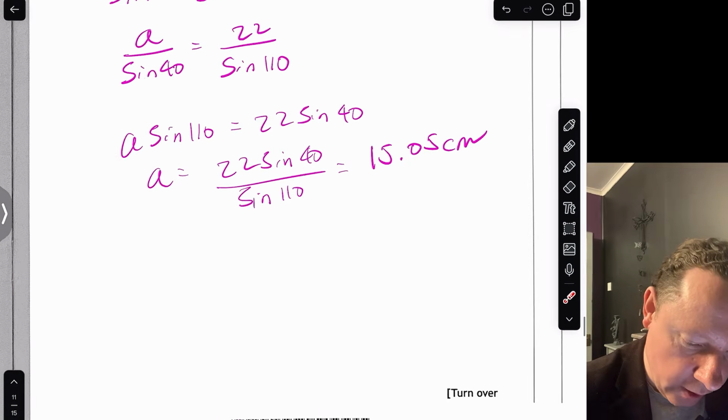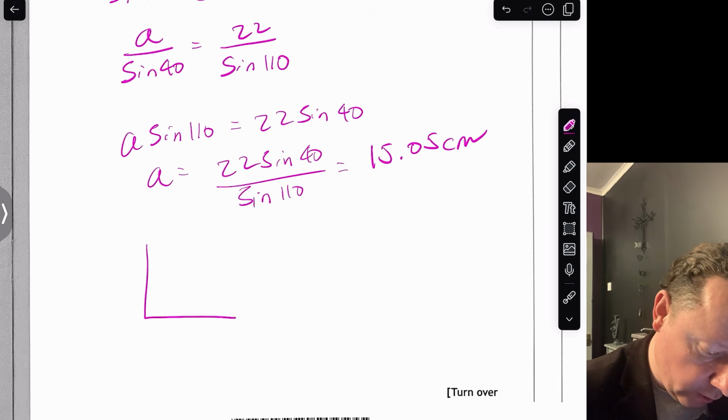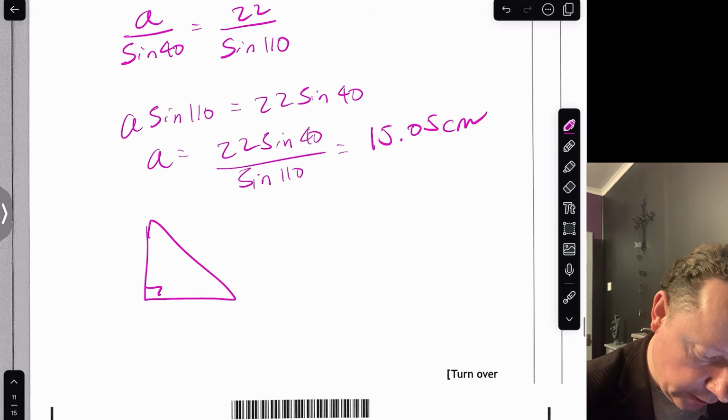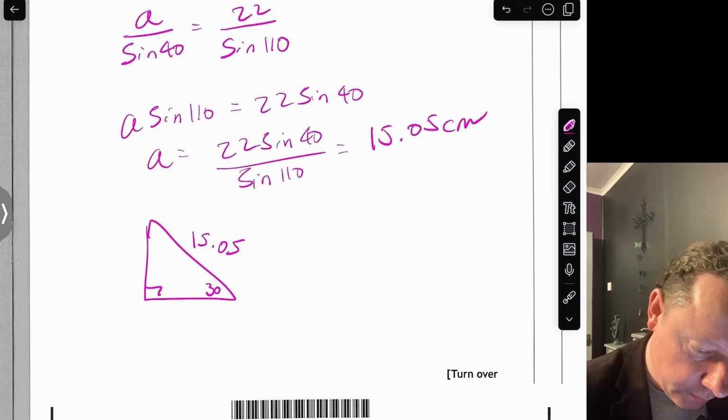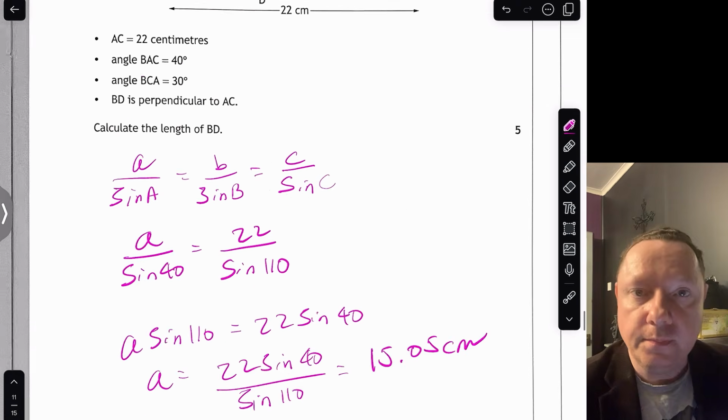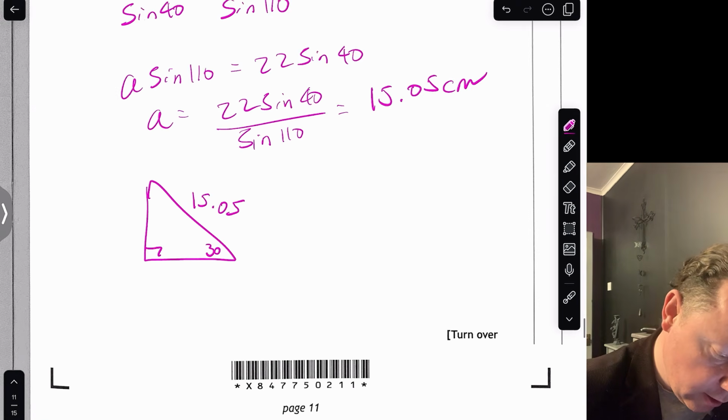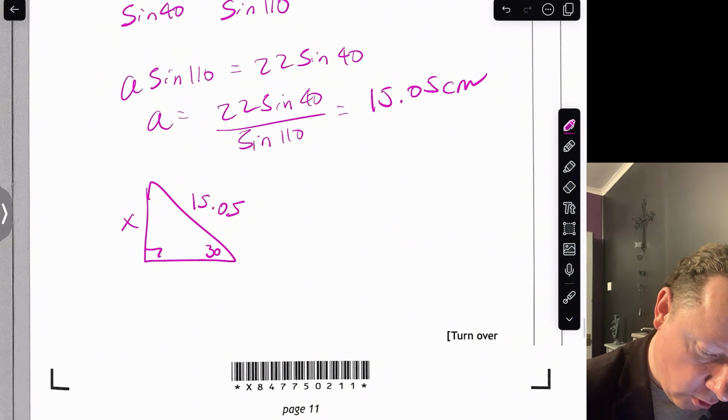Let me just draw that out. I've got this triangle here, and I've got 30 degrees down here, and I've got 15.05 here. And I'm trying to find the height, which I'll just call x. So you could just say I've got opposite over hypotenuse, which is sine.